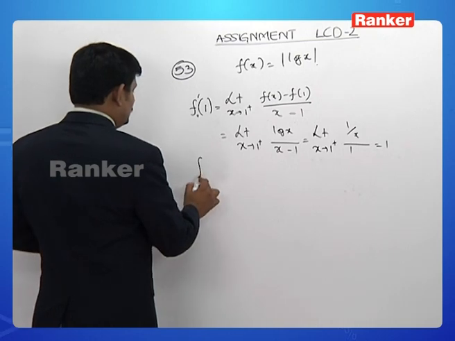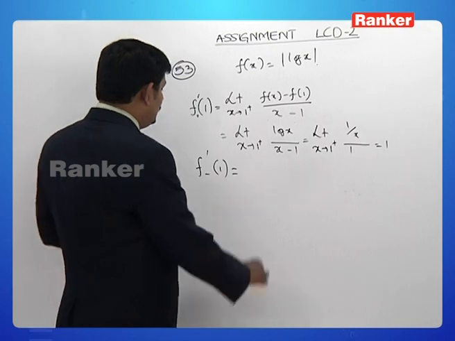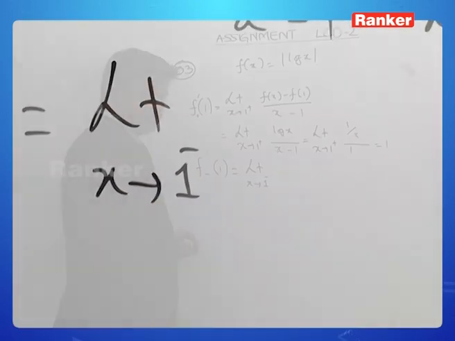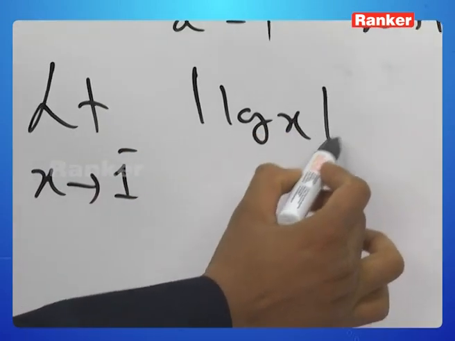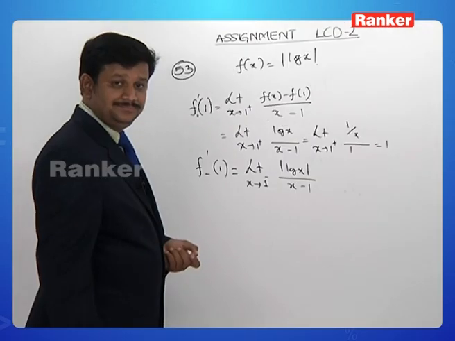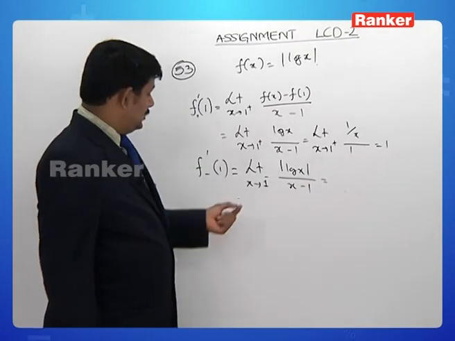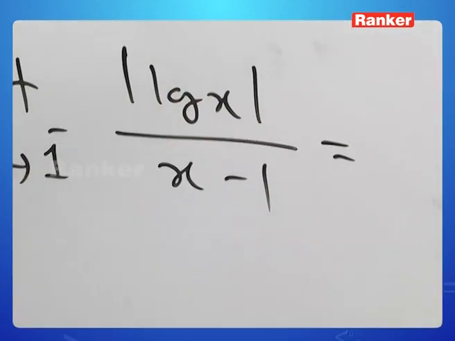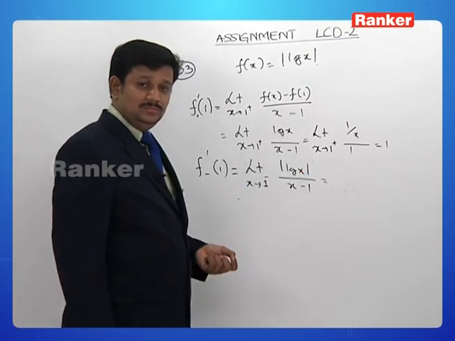Now let us evaluate left hand derivative at 1. Left hand derivative at any point a is limit x tending to a minus. So here it is limit x tending to 1 minus of f of x, mod log x, minus f of 1, 0, divided by x minus 1. x is slightly less than 1, log x is increasing, log 1 is 0, so log x would be less than 0, negative.